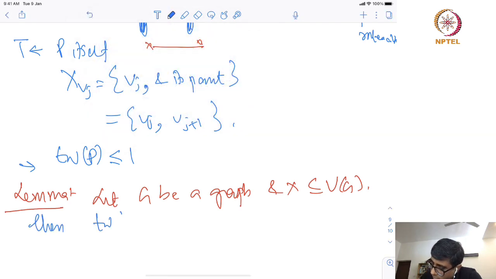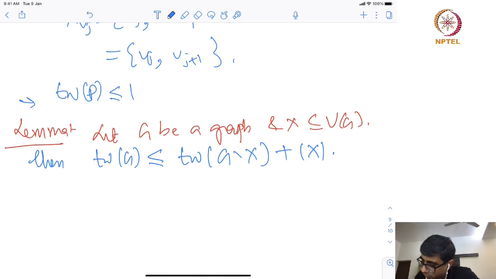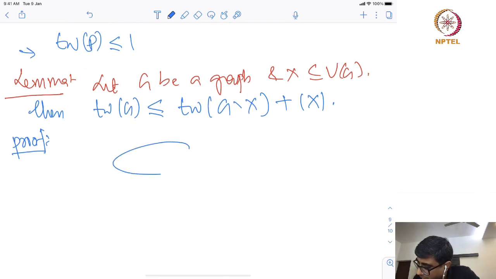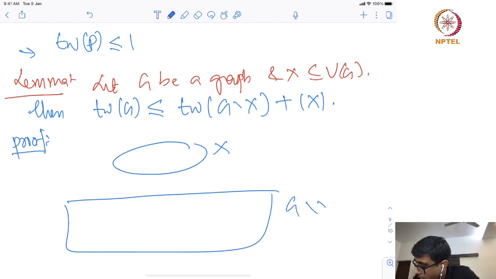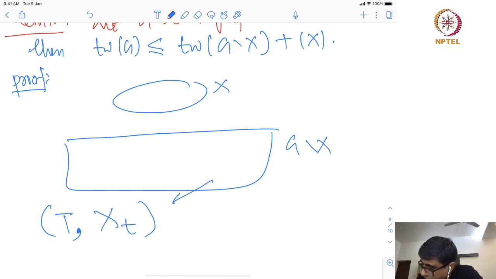Then tree width of G is less than or equal to tree width of G minus X plus the cardinality of X. Let's prove it. This is easy. Here is my X and here is my G minus X. For this G minus X, suppose we have a tree T and some Xt for G minus X.